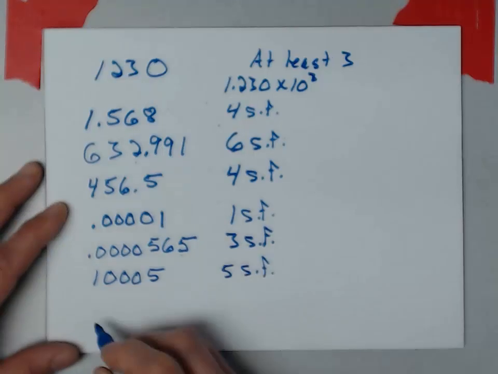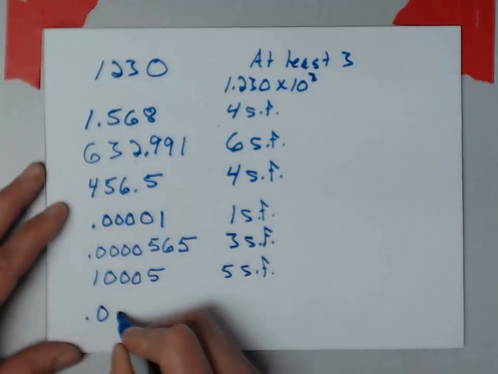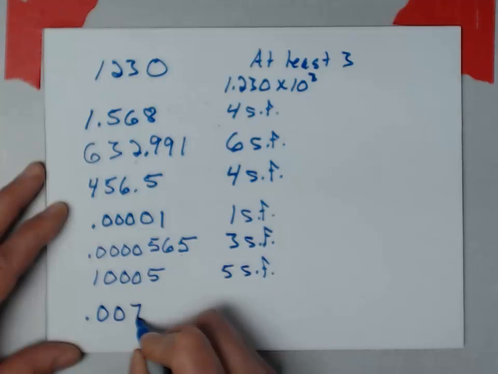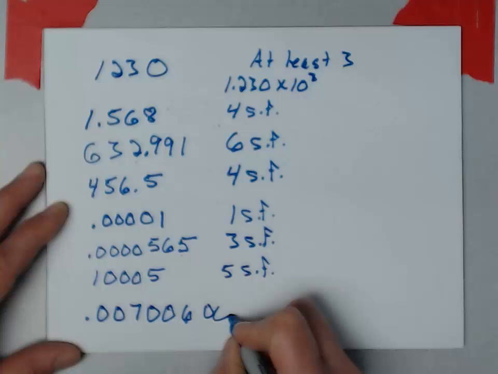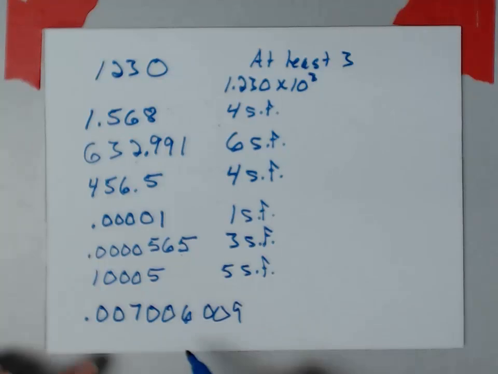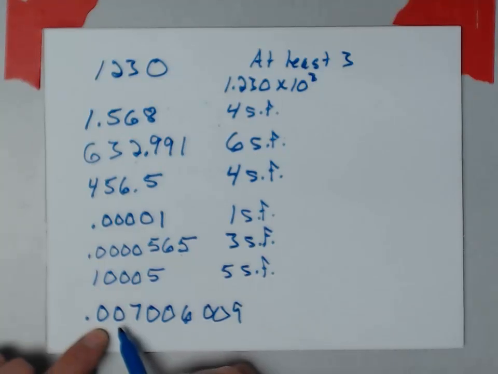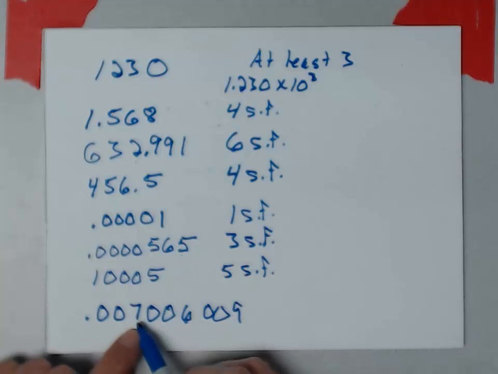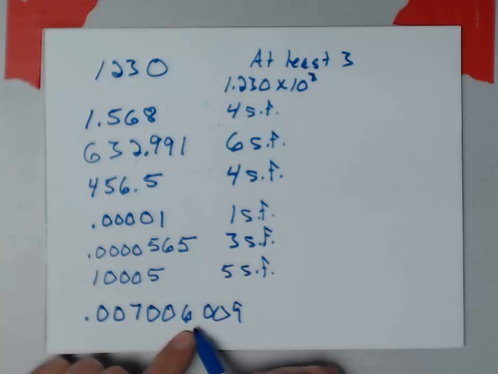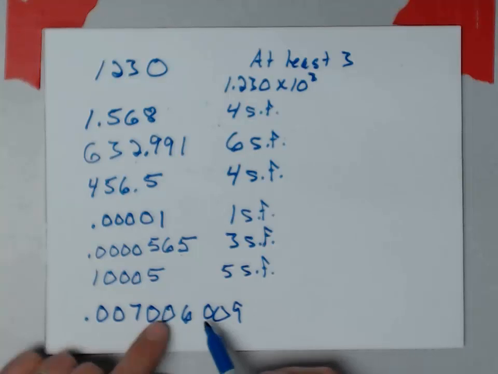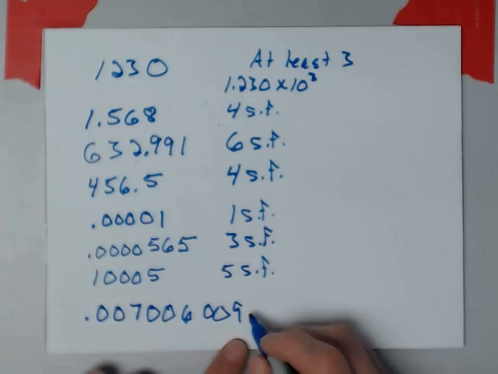If I had a number that was written as 0.007006009, okay, these leading zeros are not significant. Here's a non-zero digit, more zeros between non-zero digits, so all of these zeros are considered significant.